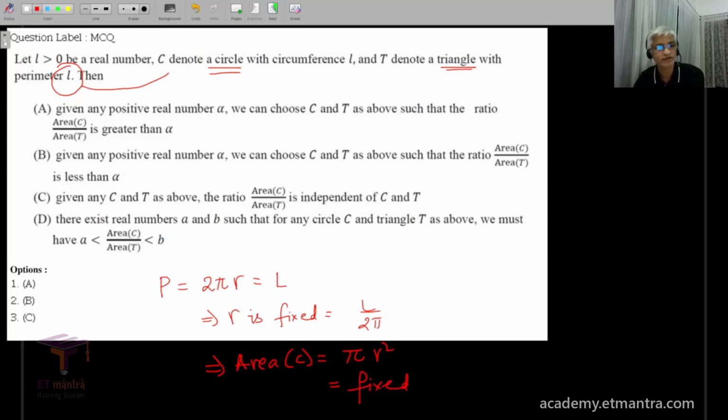So there is no issue with the numerator. The numerator is a fixed quantity, constant. Now let's look at the triangle.